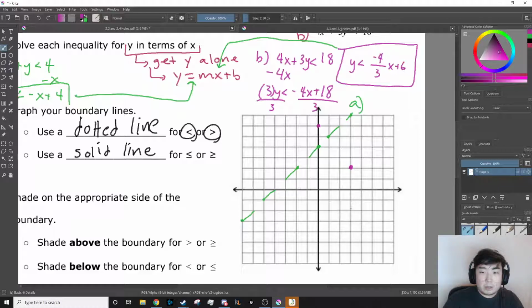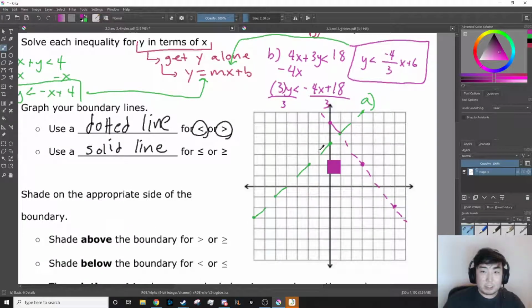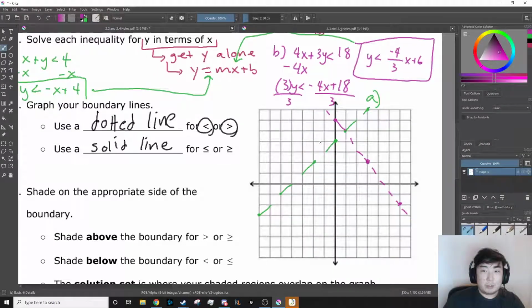And we're going to use a dotted line again, because it has no equal to below it. Oh my gosh, I drew my first graph correctly.